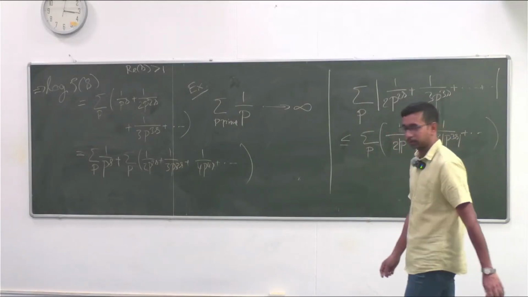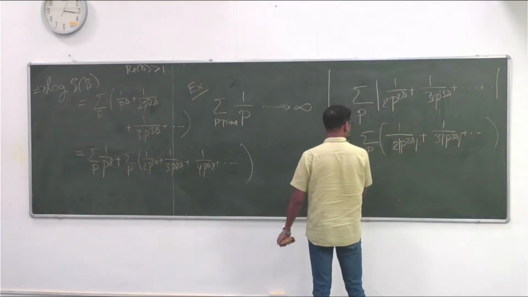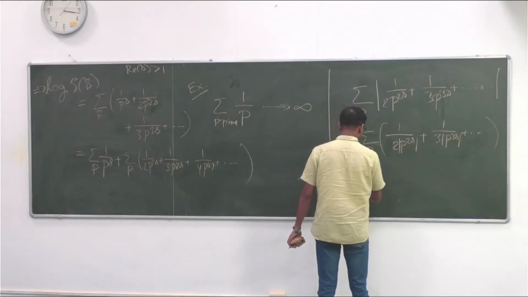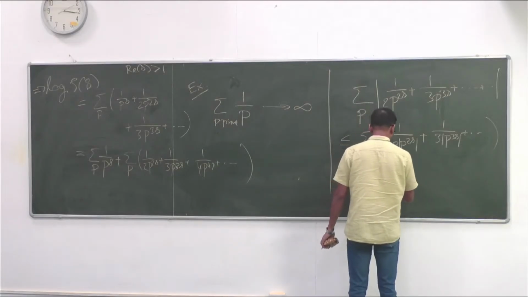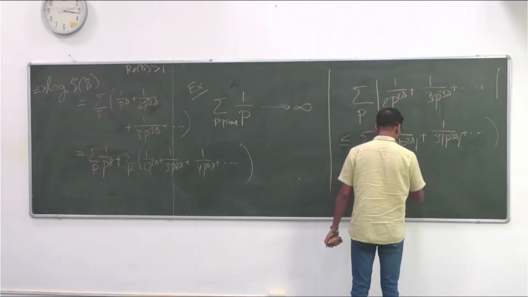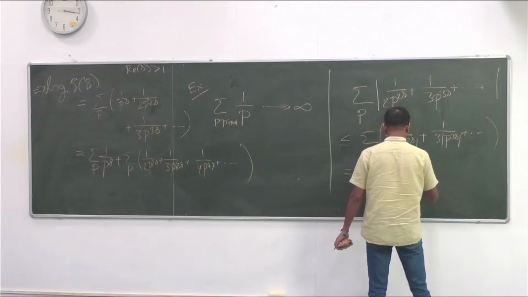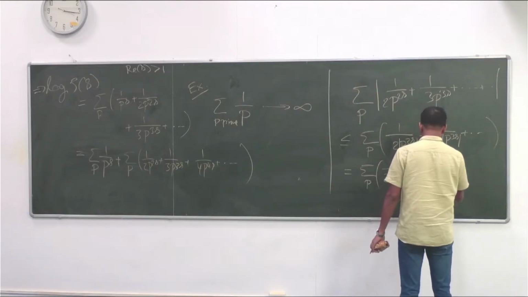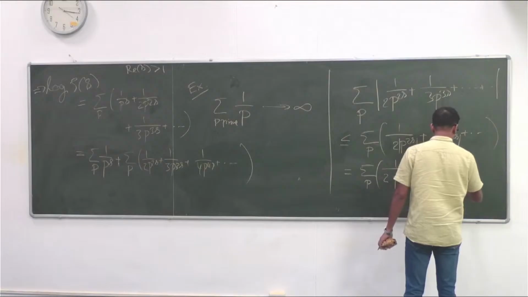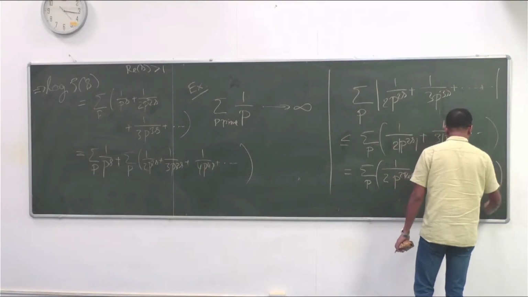So that is equal to summation over p of 1 by 2 p power 2 real part of s plus 1 by 3 p power 3 times real part of s plus dot dot dot.